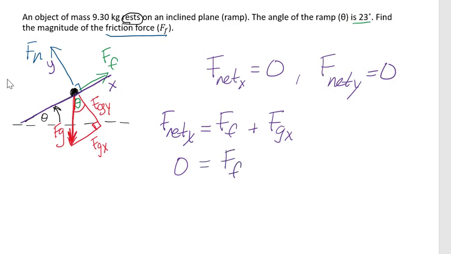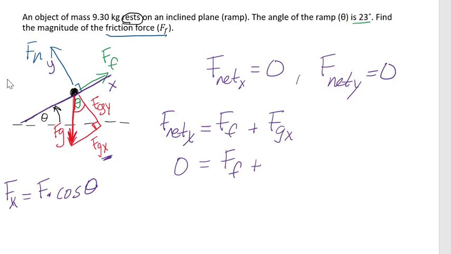So we can write 0 for the net force equals the friction force plus the x component of the weight. And if you remember from 2D vectors, if you're finding the x component of a force, you just take the force and multiply by cosine theta normally. In this case, if you look at this triangle, if you remember I said ramps are a little different. If you look at the triangle, the x component is opposite the angle.